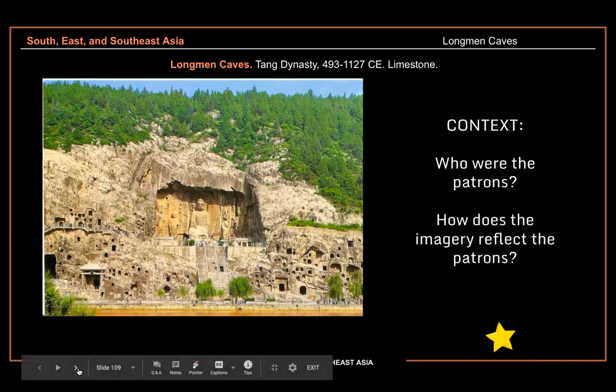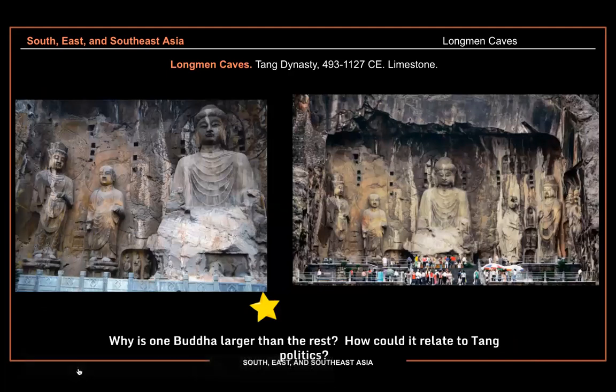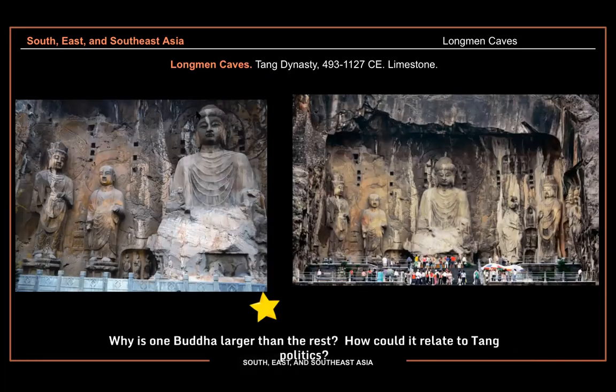No one? No one? Right? It's going to be the emperor. It's going to be the imperial family, right? And so these faces, right, of the Buddha represent the royal family.